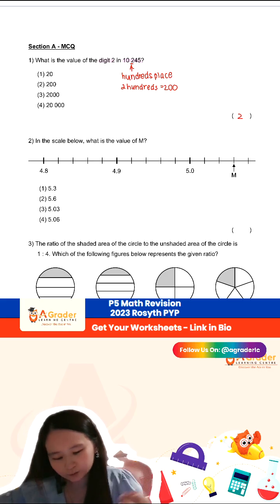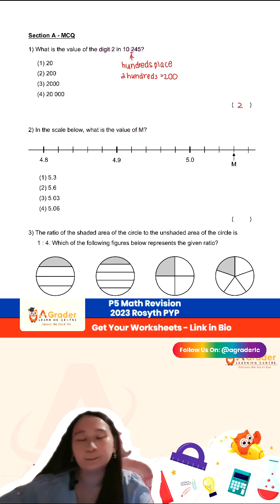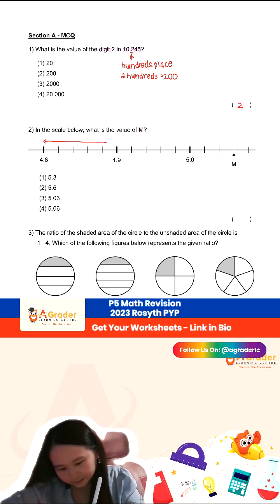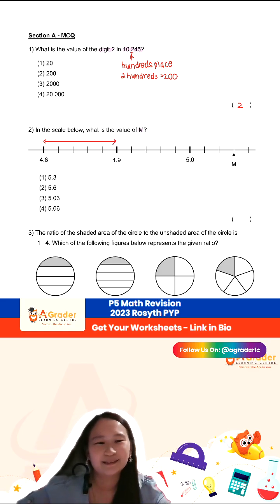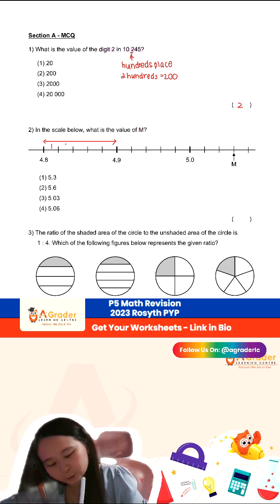Next, question 2. In the scale below, what is the value of m? So can anyone tell me how many gaps are there here between 4.8 to 4.9? Yep, there's 5 gaps. 1, 2, 3, 4, 5.